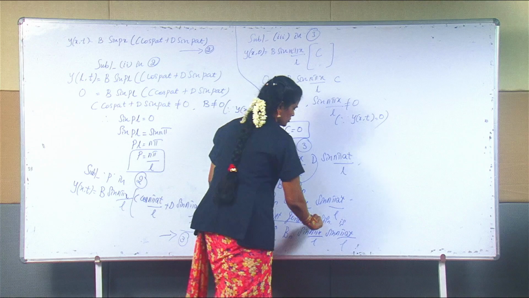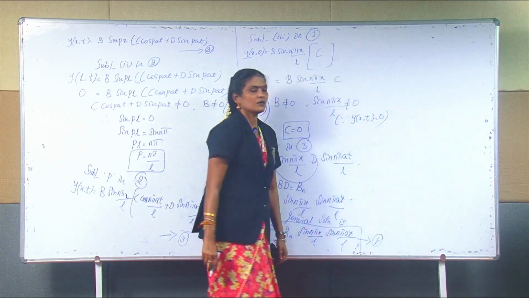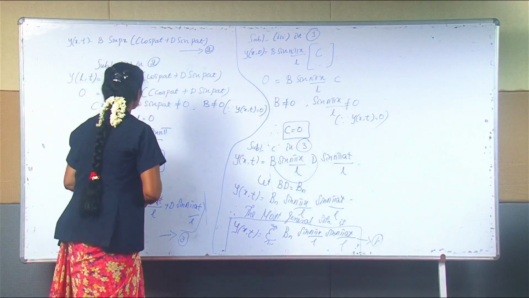So you have to consider this one as equation number 4. Next you have to differentiate partially with respect to t in this most general solution.